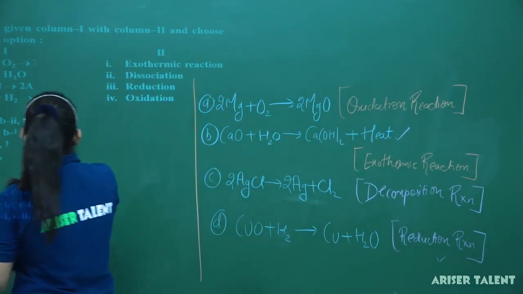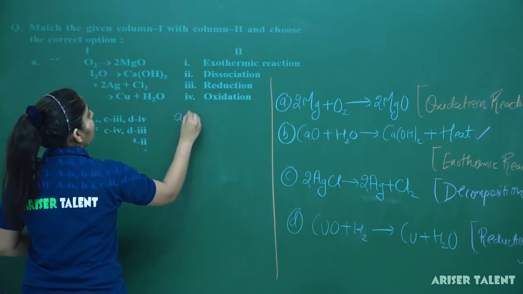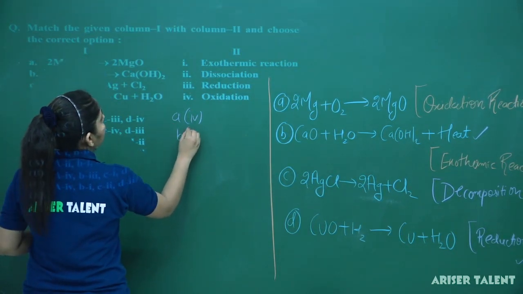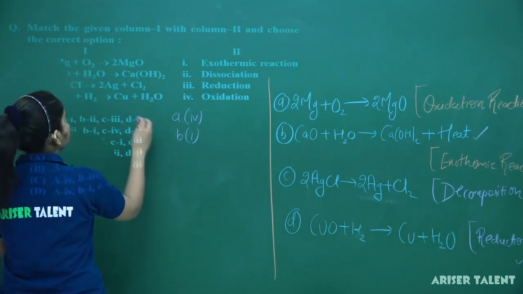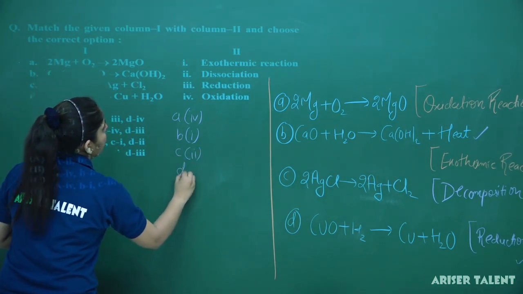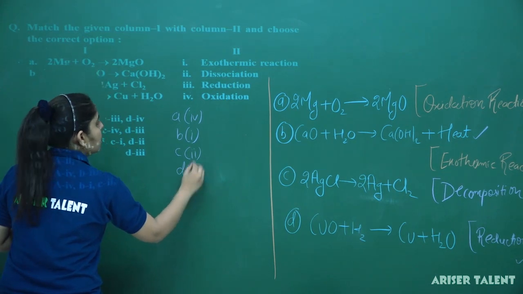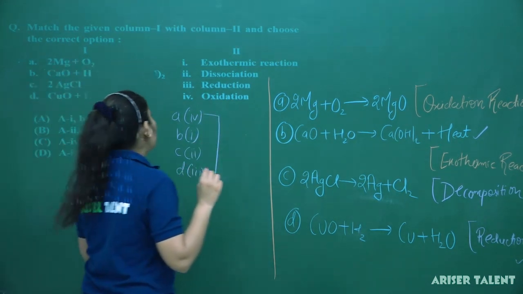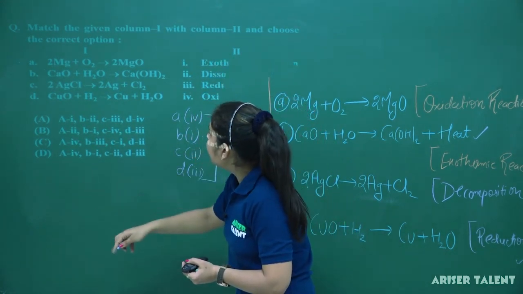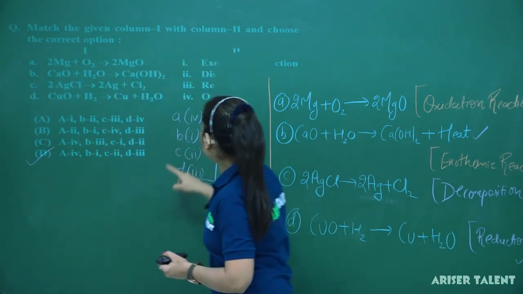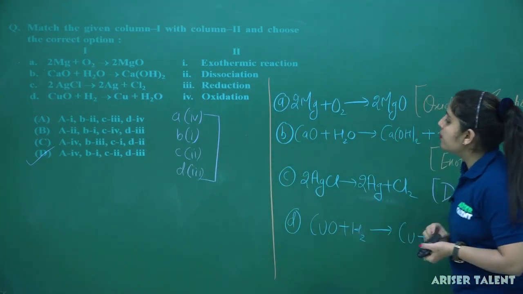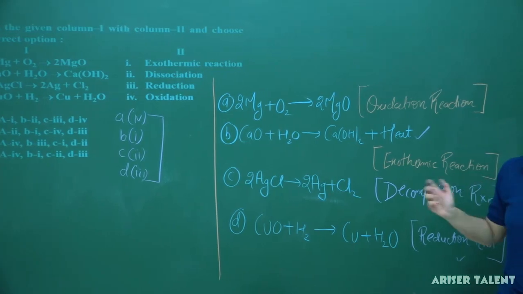So we have the correct option A4, B1, C2 and D3. So this will be the correct sequence of the answers. So among all these options, option number D is correct. A4, B1, C2 and D3. So the correct option is option number D. If you want to copy it, please copy it now.